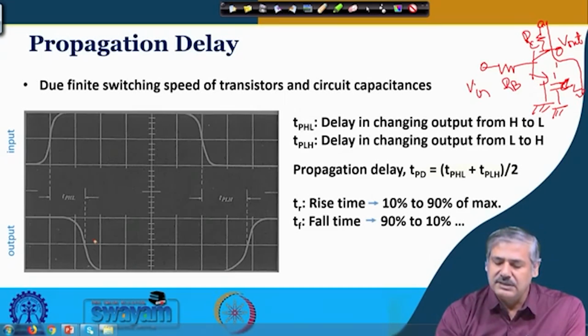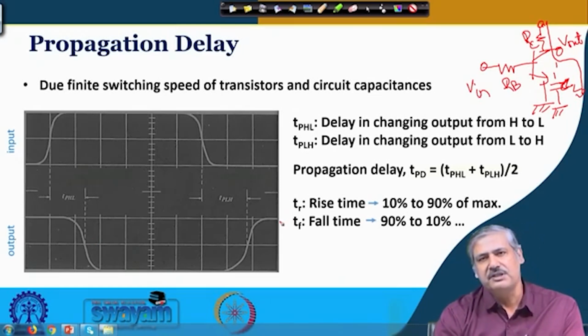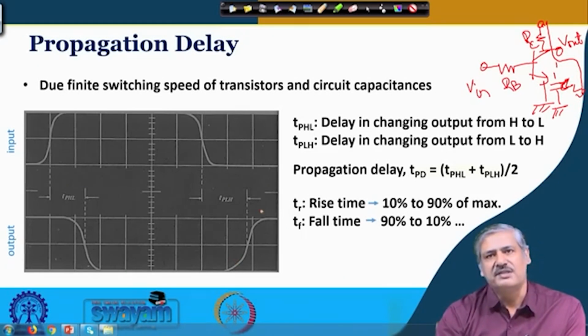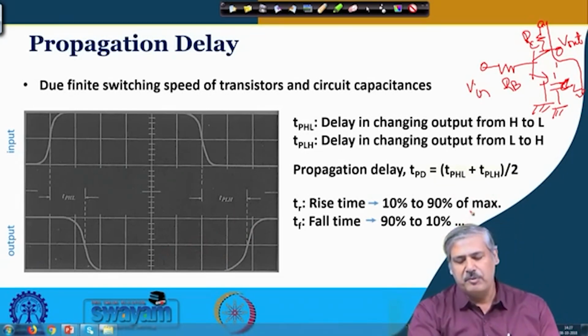The deeper into the saturation we work, the more is the time required to bring back the transistor from on state to off state. So, this delay is more, and if you talk about one entity, then it is the average of these two, which is the propagation delay.